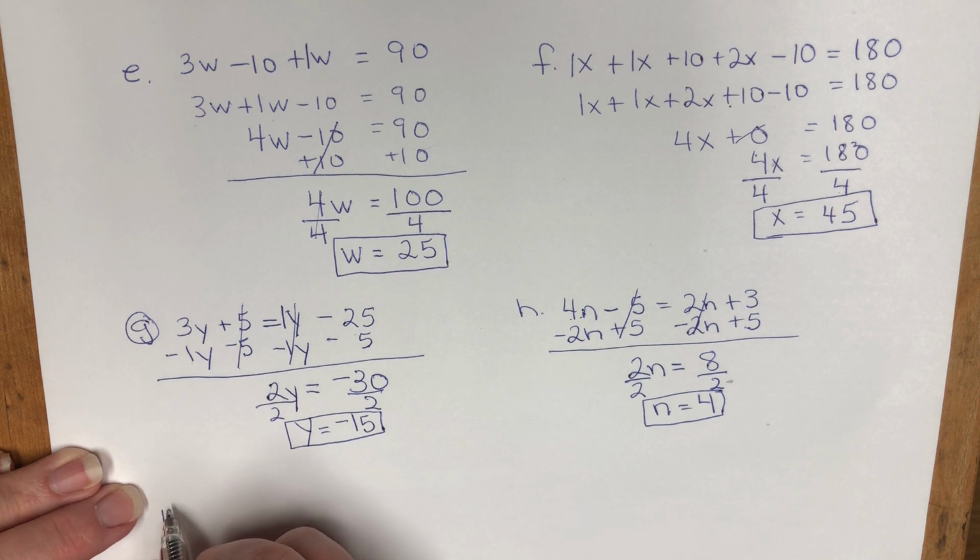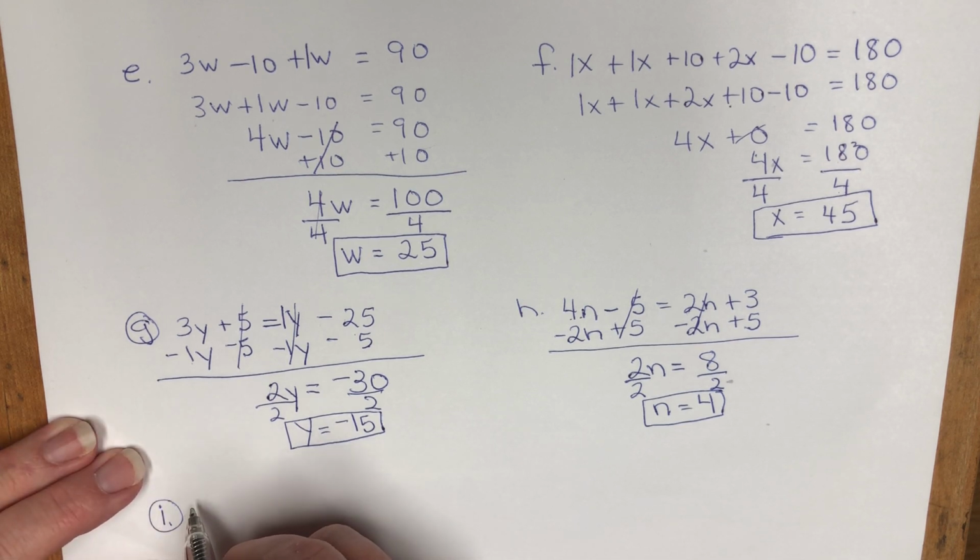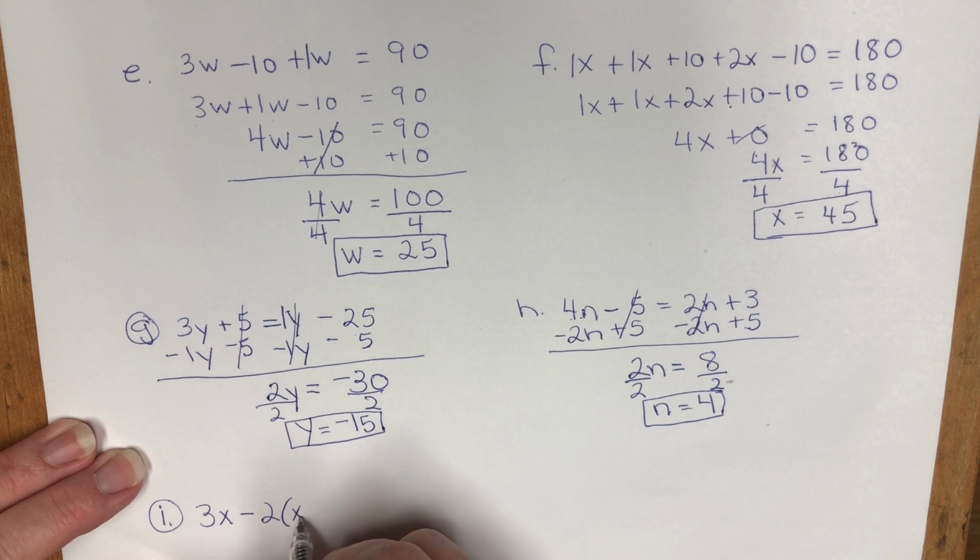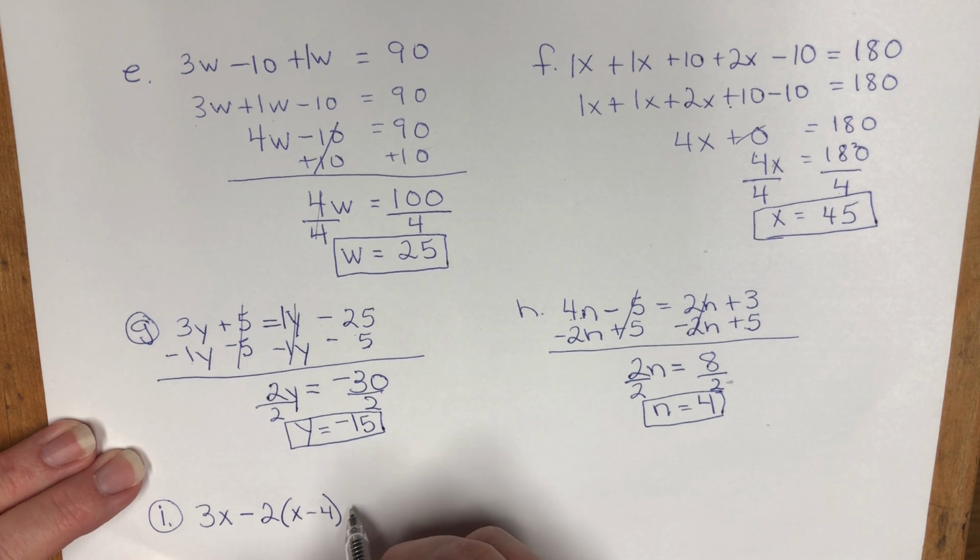Okay, letter I. 3x - 2 times (x - 4) = 32.